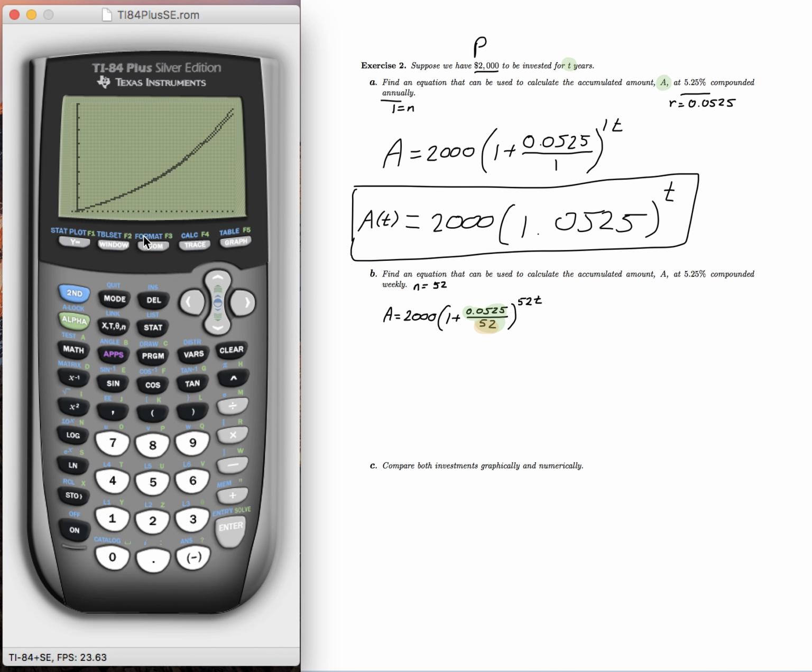Let me adjust my window back out a little bit further. I'll go out to 40 years, and I'll have ticks every 5 years. I'm going to have to adjust my y-max, because you see we're kind of hitting that upper edge of the window with both of those graphs. So let me go up to, let's say, $25,000.